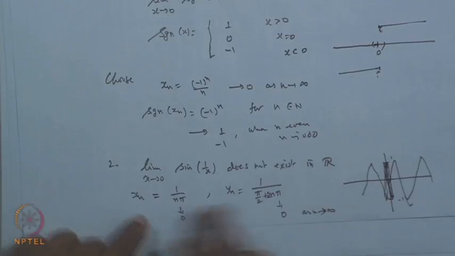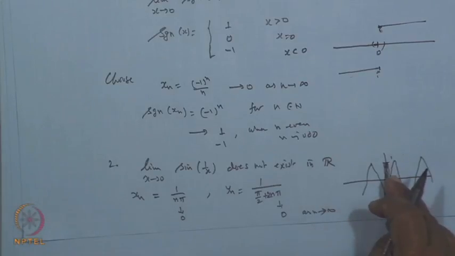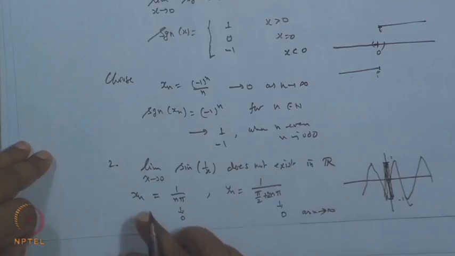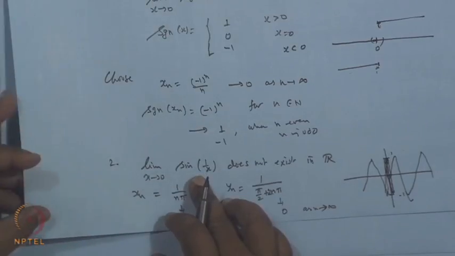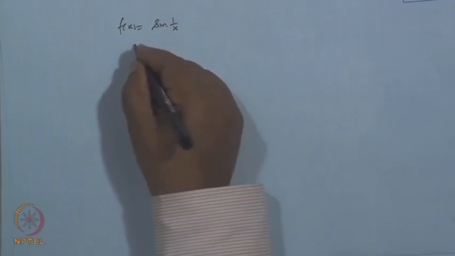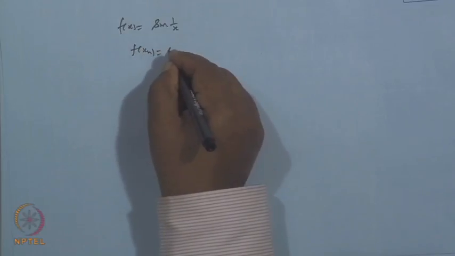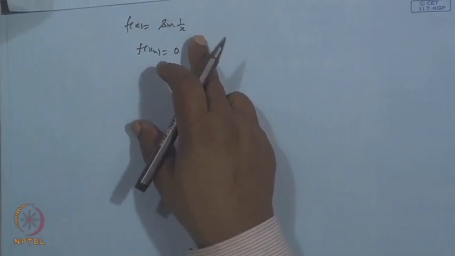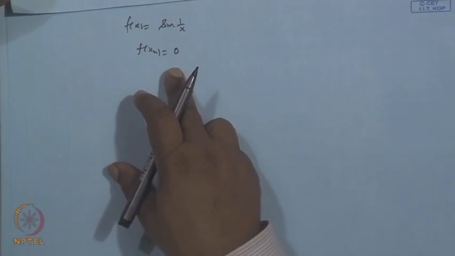So these sequences are converging towards 0, that is, mod of x n minus 0 is less than delta. Now for this sequence, what is f of x n? f of x is sin 1 by x. So f of x n is 0, because when x n is 1 upon n pi, the corresponding sine of n pi, sine of an integral multiple of pi, is 0.